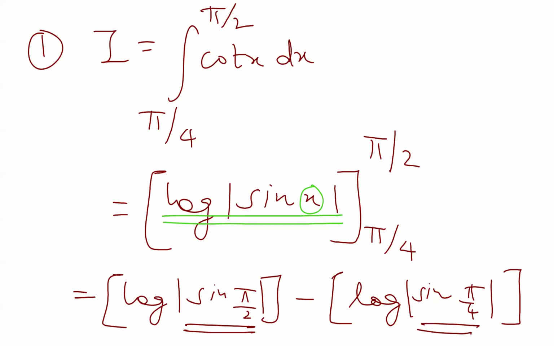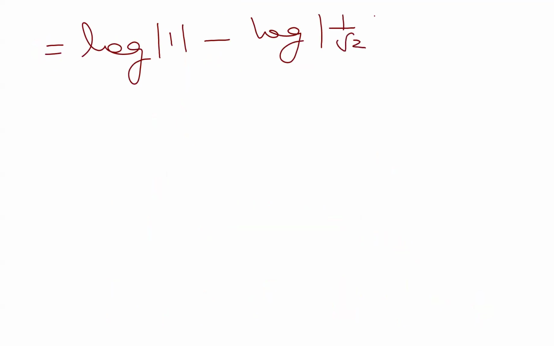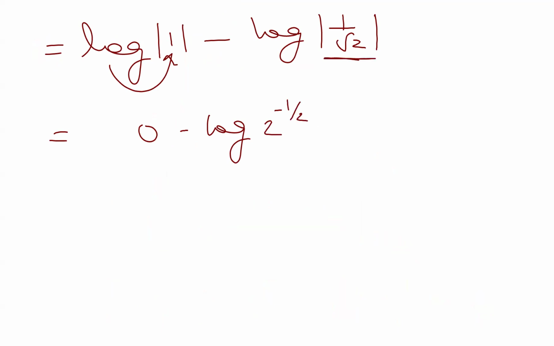So sin 90 is 1 and sin 45 is 1 by root 2. So this is going to be log of modulus of 1 minus log of modulus of 1 by root 2. Now log 1 we all know is 0, minus log of 2 raised to minus half, because root 2 is 2 raised to half.